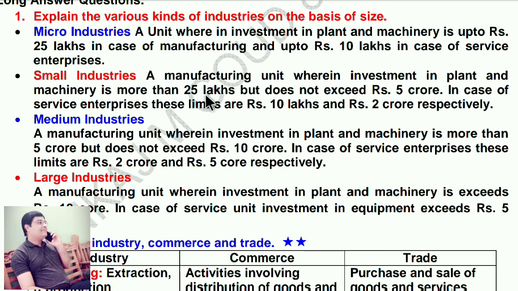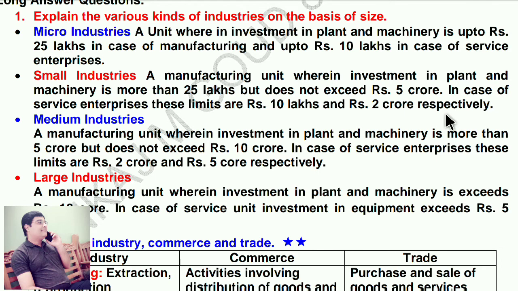Small industries: a manufacturing unit wherein investment in plant and machinery is more than 25 lakhs but does not exceed rupees 5 crore. In case of service enterprises, these limits are rupees 10 lakhs and rupees 2 crore respectively.